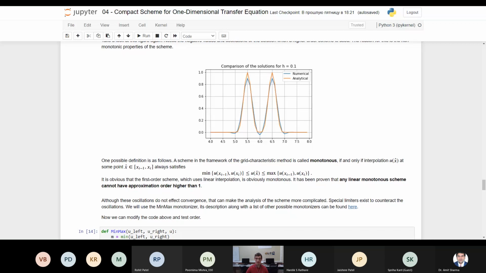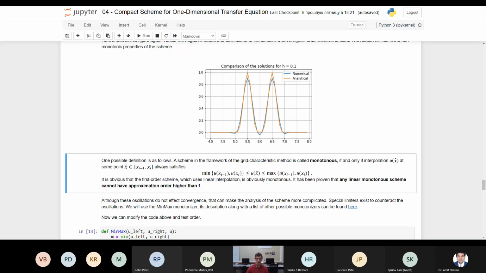One of the definitions is the following. Consider that we have function u at points i-1 and I. We want to interpolate this function at this point, which is between those two, which is presented here.